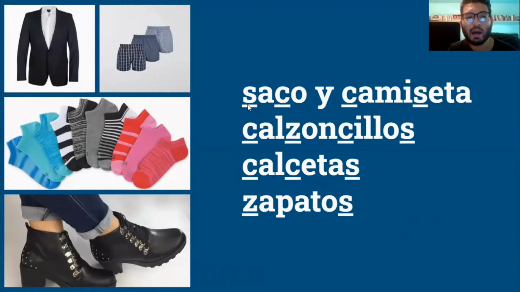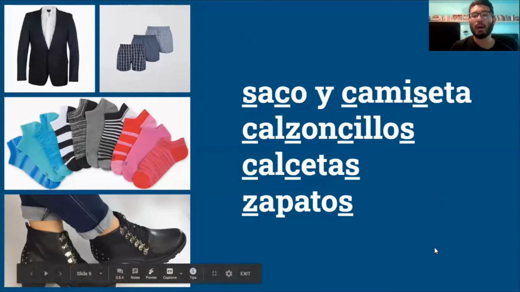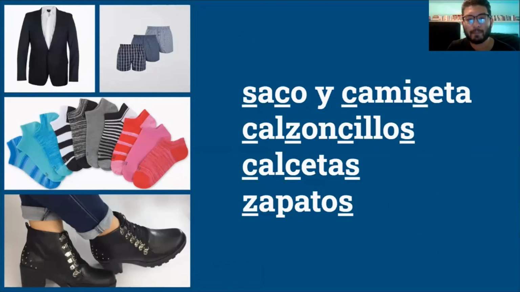And we see how those letters that we just talked about produce their corresponding sounds. No, saco, again, C changes into a K sound, and then camiseta, again, C is next to the vowel A, so it produces that K sound for camiseta.